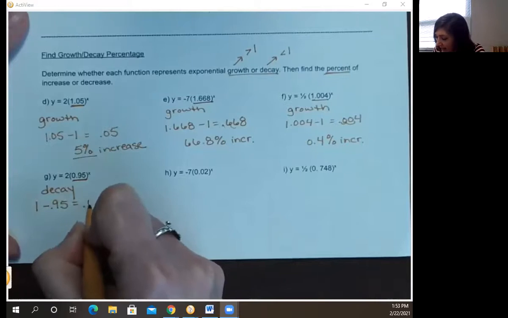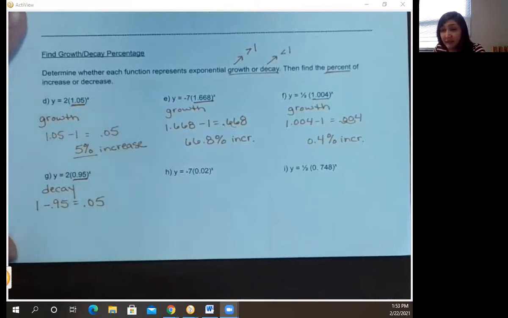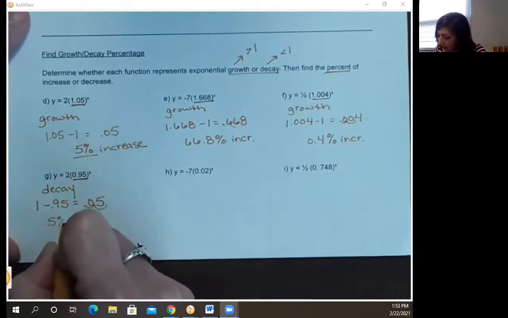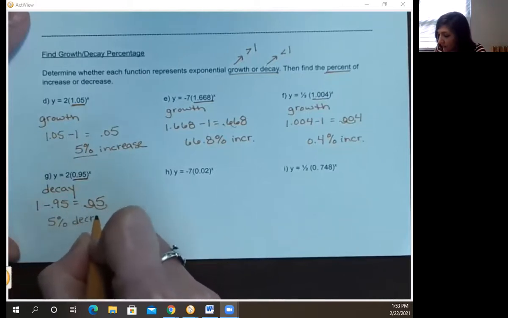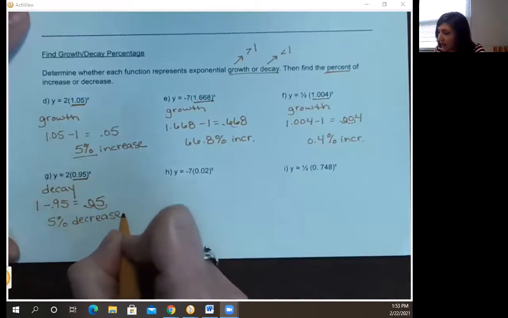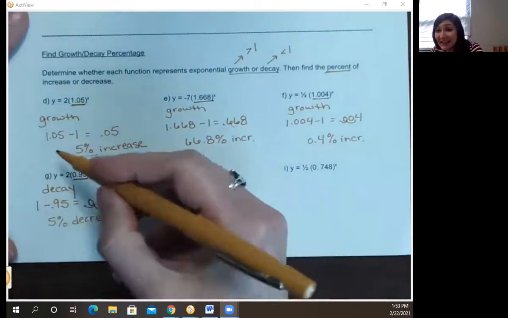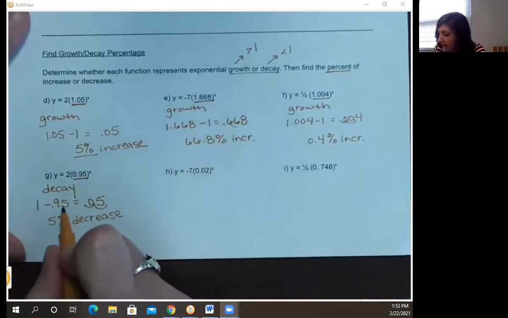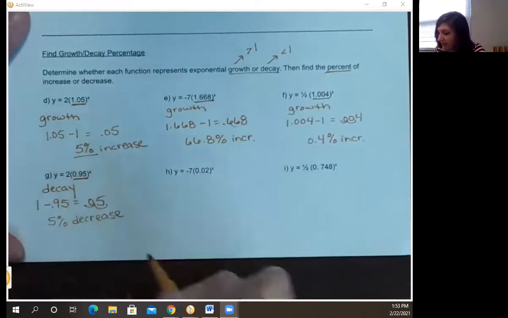And I get a 0.05 difference from 1. So that would be a 5% decrease. Since it's decay, that means the amount we have each time is decaying, decreasing. Okay. So 5% decrease because there's a 5% difference from 1.